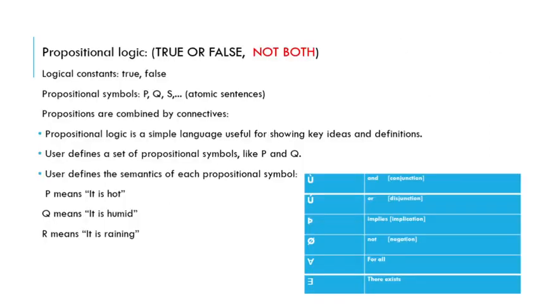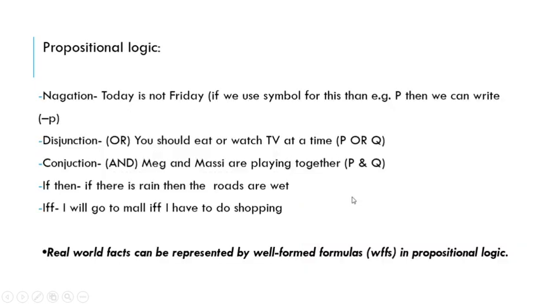We have also seen some symbols that are used in propositional logic, right? In the previous session only. We discussed negations, then disjunctions, conjunctions, that is, and/or operations. These are the various operations that we are going to use while using propositional logic, right?